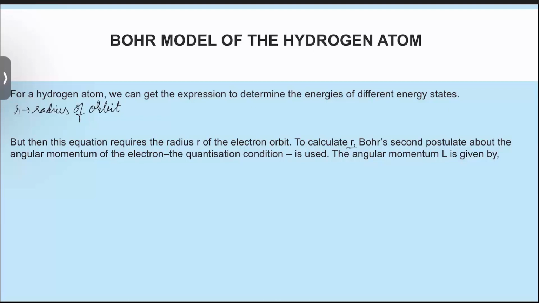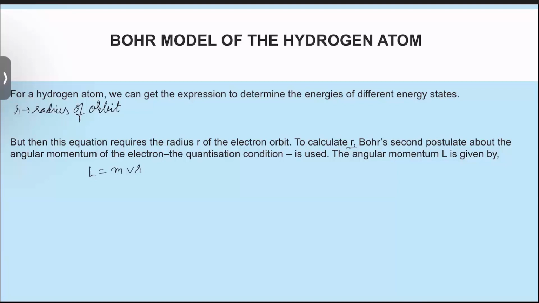Using Bohr's second postulate, we can find it from the angular momentum. L, that is the angular momentum, is equal to mvr. Suppose we have n number of such orbits.